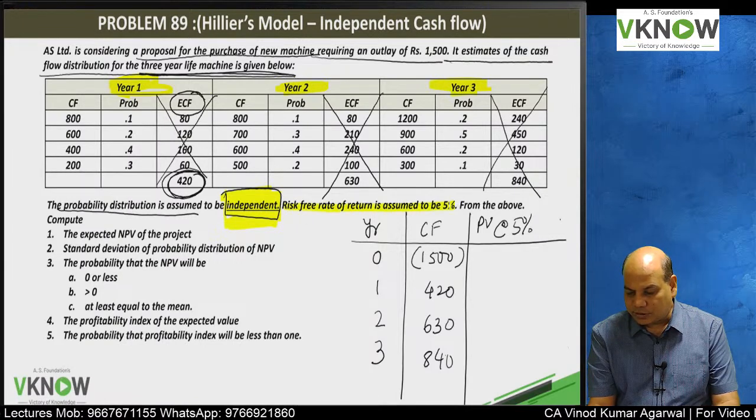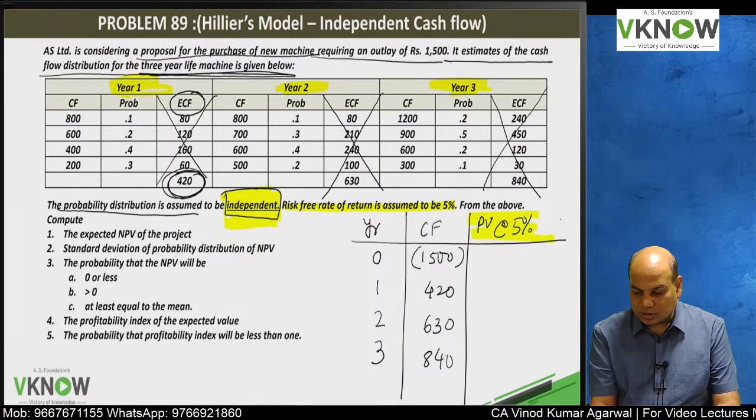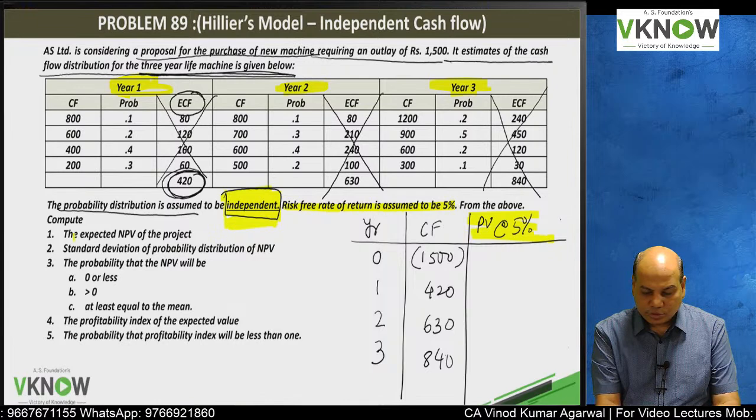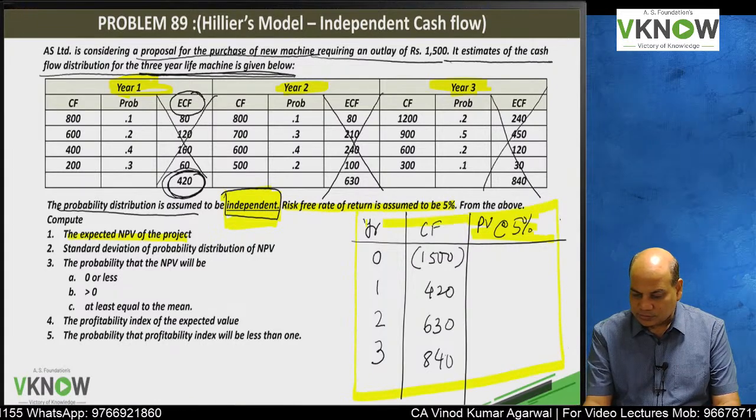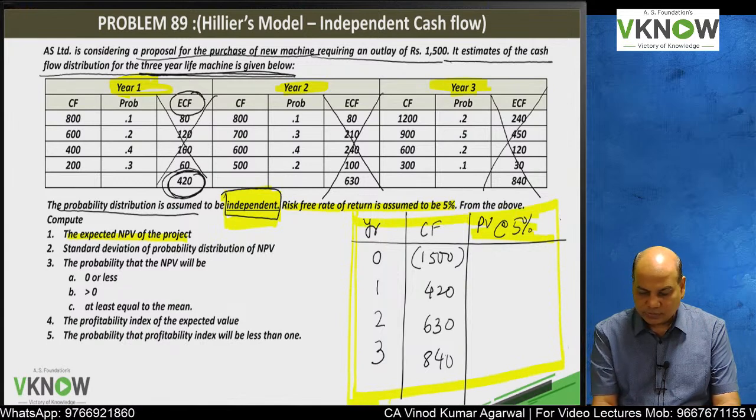Risk-free rate is 5%. So I will use 5% discount rate. Then from the above compute expected NPV. This is my first answer, expected NPV.